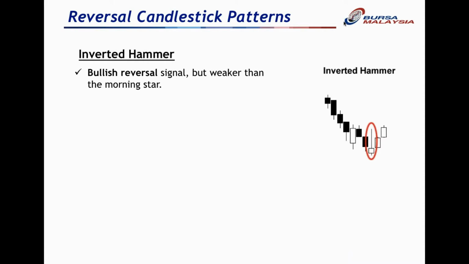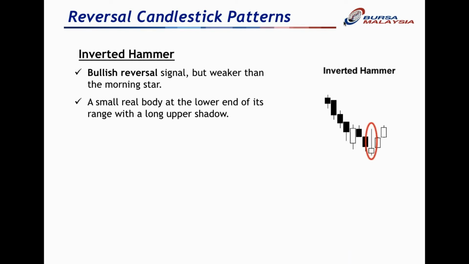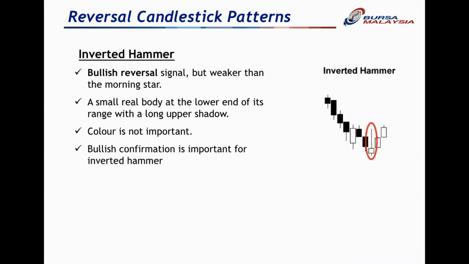In this case, an inverted hammer is a bullish reversal signal, but it's weaker than the morning star. Okay, now it is a small real body at the lower end of its range with a long upper shadow. Color is not important. It can be white, it can be black, but of course it's slightly more bullish if it's white, and slightly more bearish if it's black.